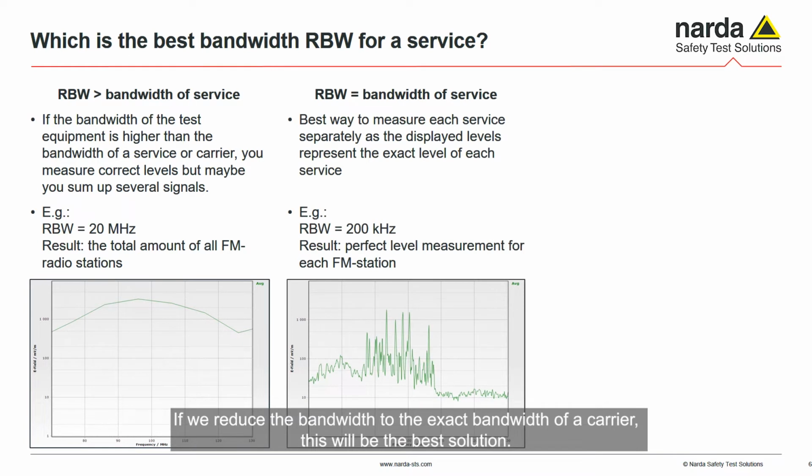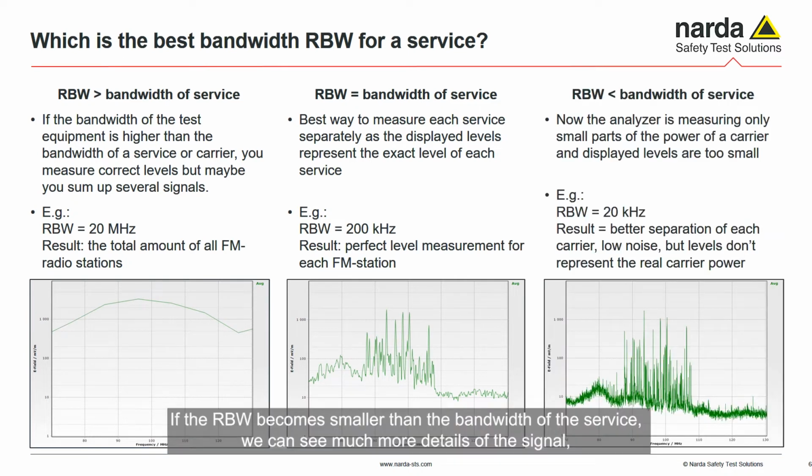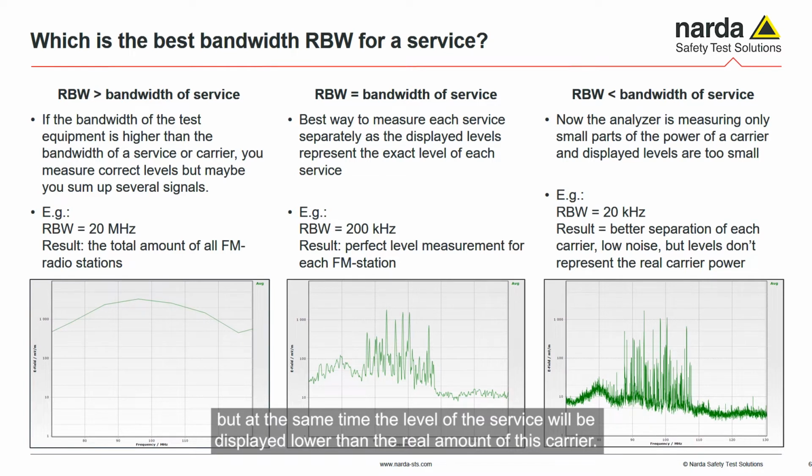If we reduce the bandwidth to the exact bandwidth of the carrier, this will be the best solution. No interference by neighbor signals and perfect measurements of each carrier. If the RBW becomes smaller than the bandwidth of the service, we can see much more details of the signal. But at the same time the level of the service will be displayed lower than the real amount of this carrier.